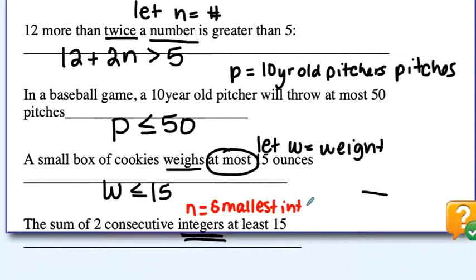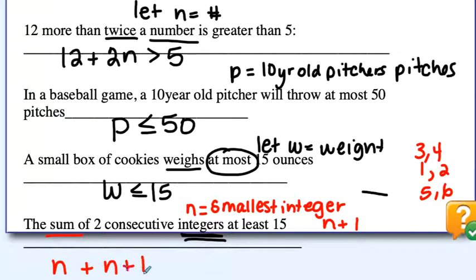We did this last year. The next integer consecutively would be n plus 1. Think about 1 and 2. They are 1 away from each other. 5 and 6, 3 and 4. They're all 1 more than the previous one. All right, so it says the sum, so n plus n plus 1 is at least, so greater than or equal to 15. All right, that's the basics.